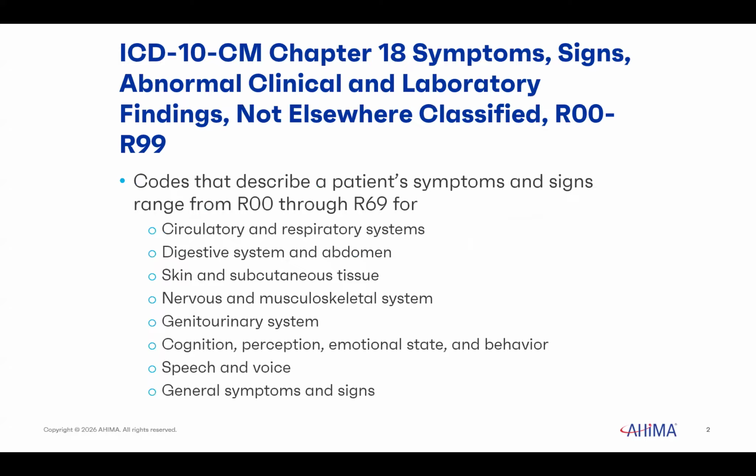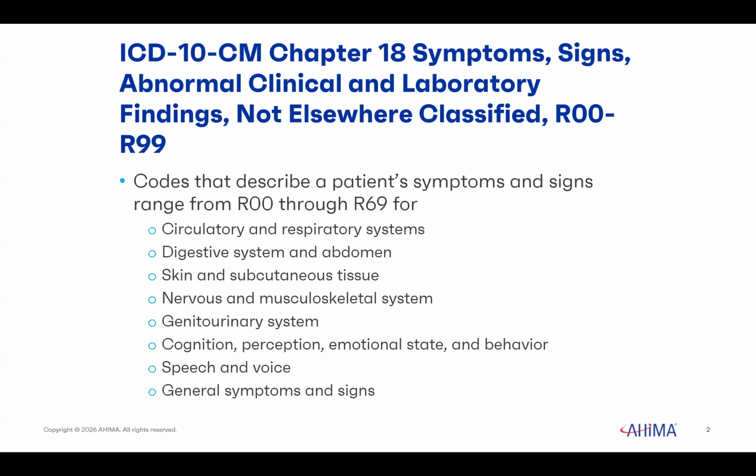So again, we talked about how these codes run in a code category range of R00 through R99. And these include circulatory and respiratory systems, symptoms related to the digestive system and abdomen, skin and subcutaneous system, nervous system and musculoskeletal systems, genitourinary system, cognitive and emotional states, speech and voice, and other general nonspecific symptoms.